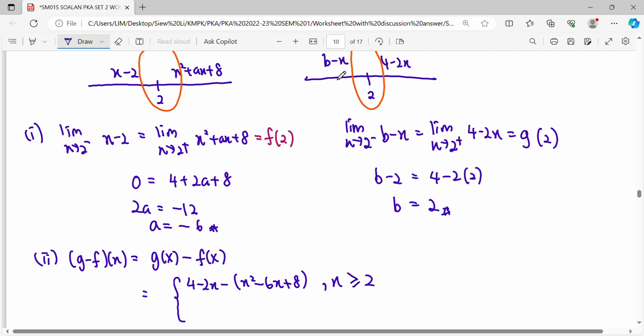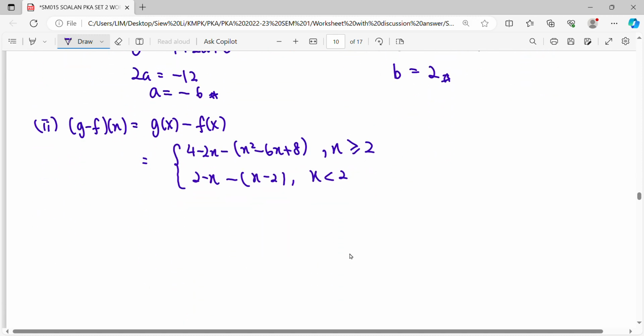For the interval less than 2, it will be 2 minus x, minus f(x), x minus 2, x less than 2. So we form up this piecewise and simplify it. We get negative x squared, negative 2x plus 6x, having positive 4x.